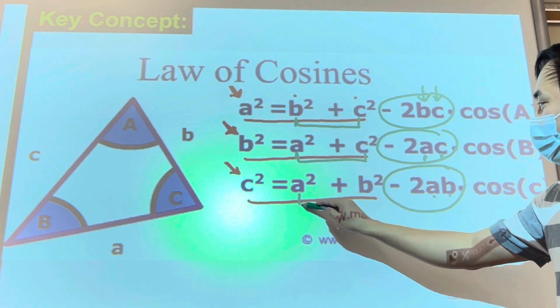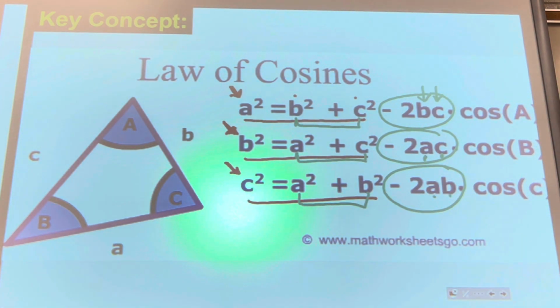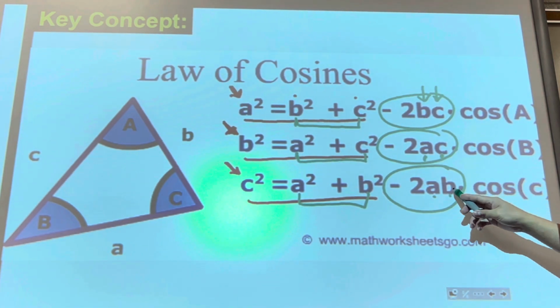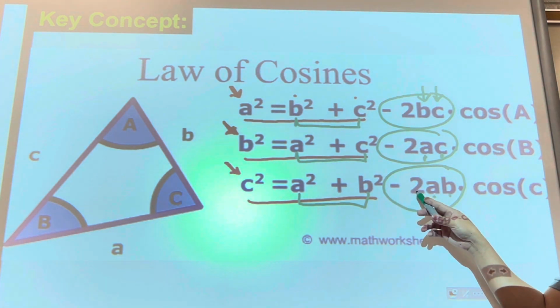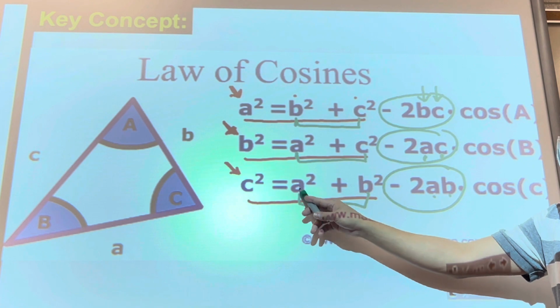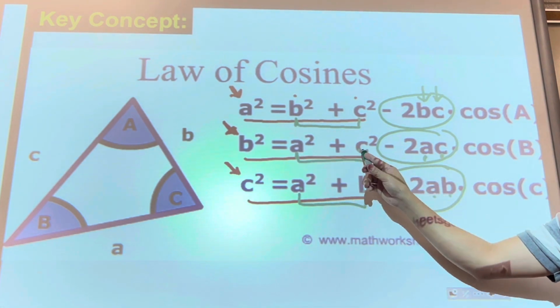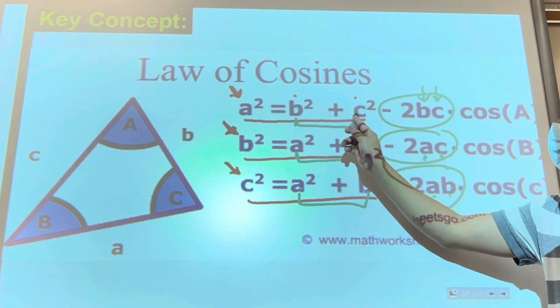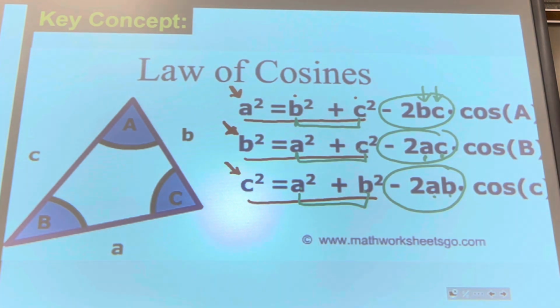AB. So you have AB. Okay? So we're looking into the pattern of making the equation. So that means you just subtract 2 and then the product of the sides: A and B, A and C, and then B and C. Okay, so that's that part.